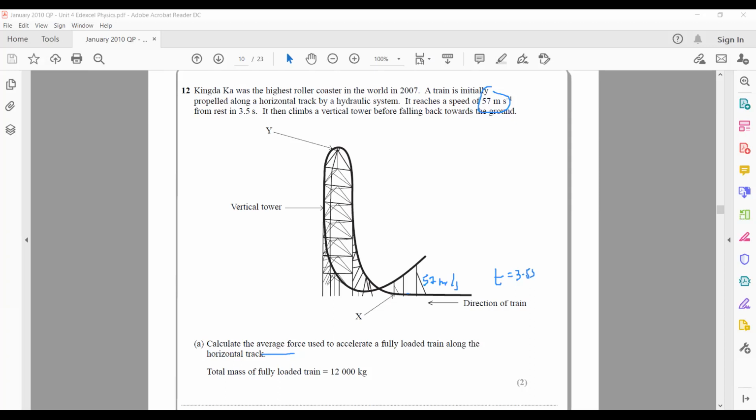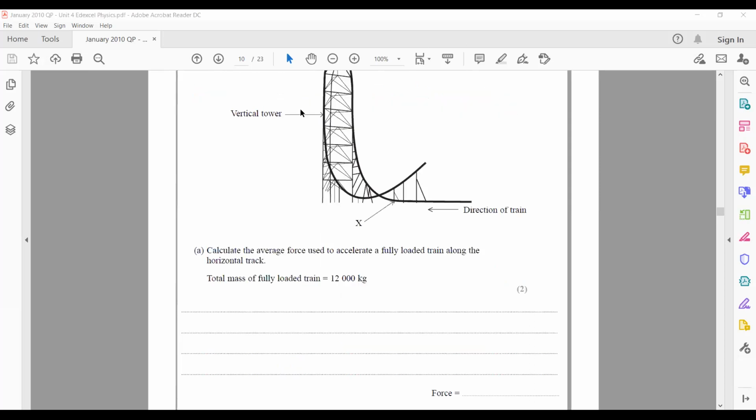Yes, 2.0 exponent 5, that's correct. So the average force is 2 exponent 5 or 200,000. Basically, F is equal to ma will give you the final answer.